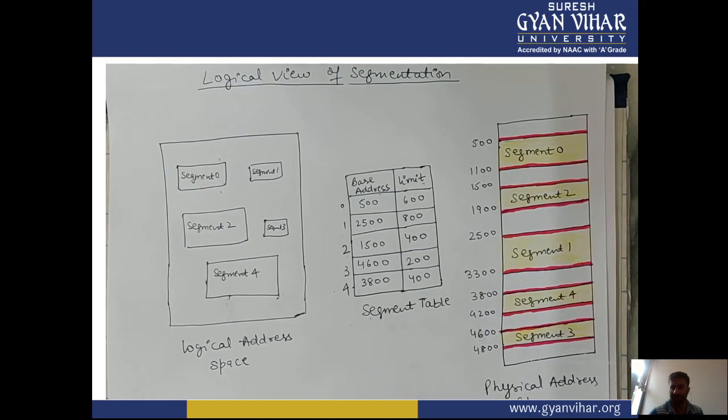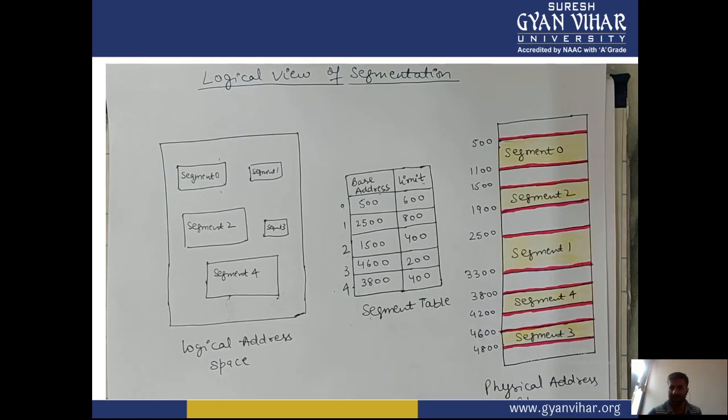But we are also distributing segment 2. So the address of segment 2 is what? It is 1500. From 1500 you see that this is the starting point. So 1500 with a limit of 400 means it is from 1500 to 1900.